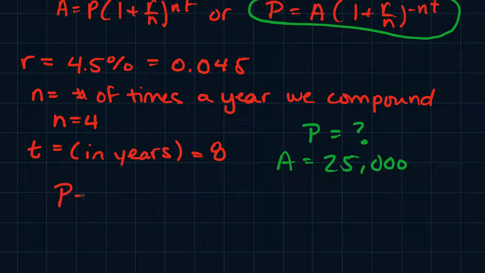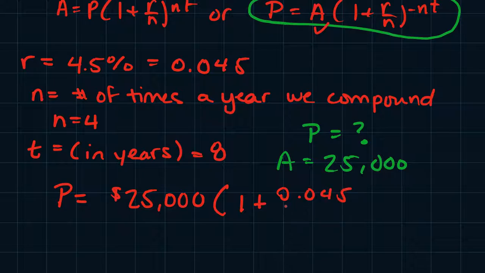P is, A is 25,000, so let's write that down. That's our A. 1 plus our r, which is 0.045.